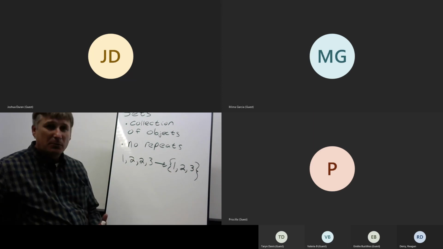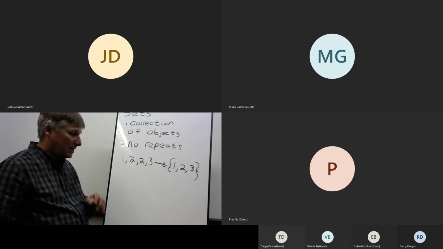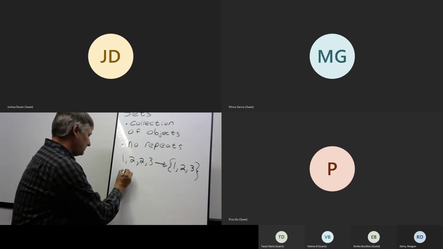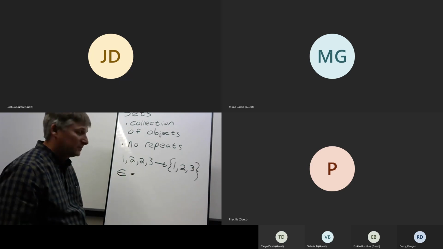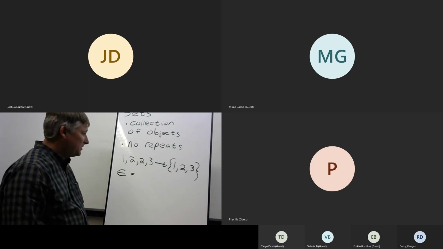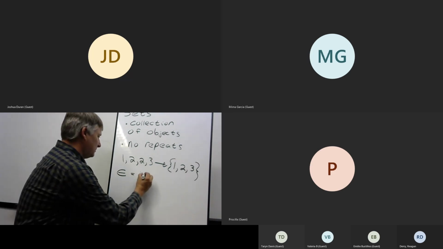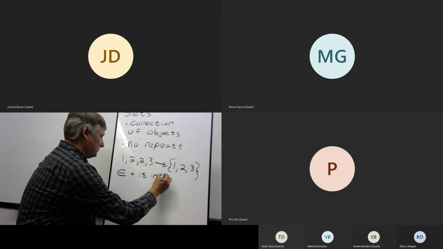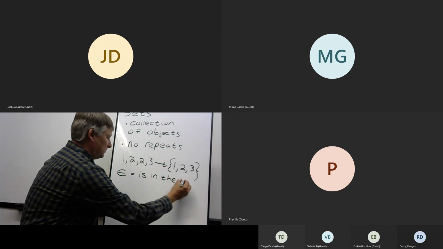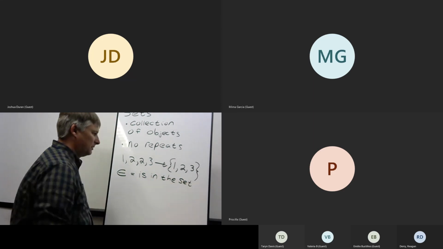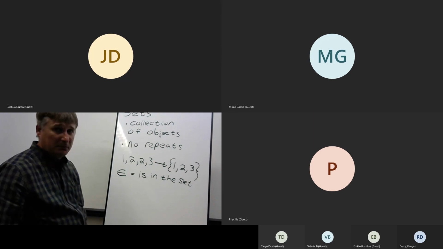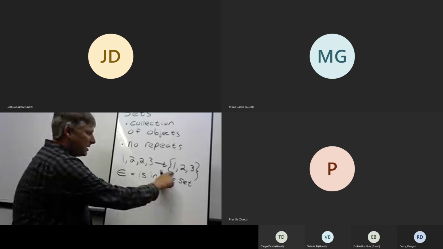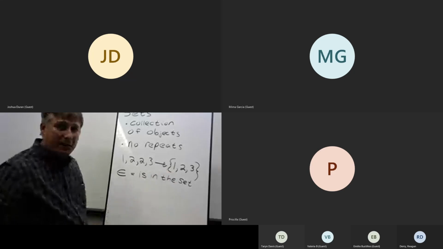Now we have some special symbols that go with sets. It's this. This symbol, it looks sort of like the euro sign, the currency. This means is in the set. So let me explain that one. The number 1 is in this set.